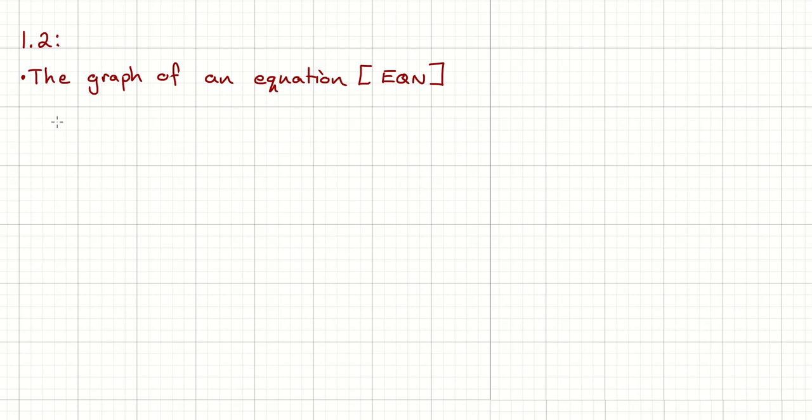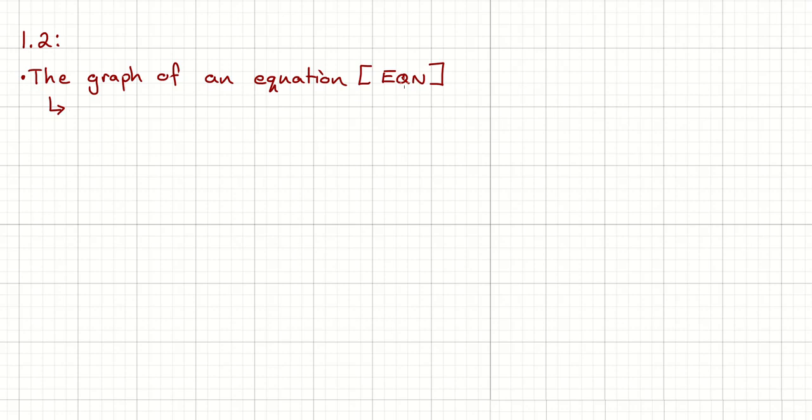So first and foremost, I want to make sure that we all understand the following. The graph of an equation. All that this is, if I have an equation that is true for some x and it spits out some y, there's a lot of values that could be. So we'll look at that specifically.